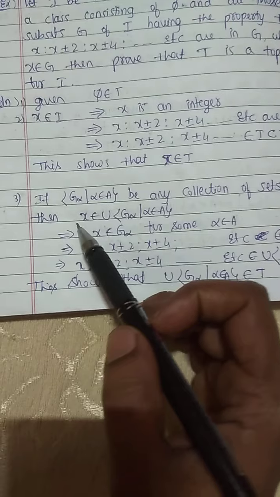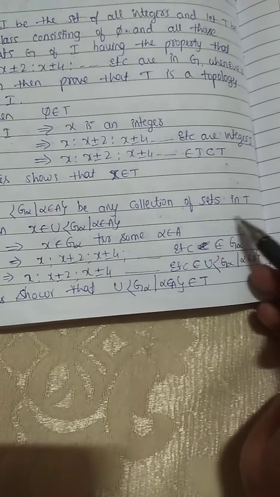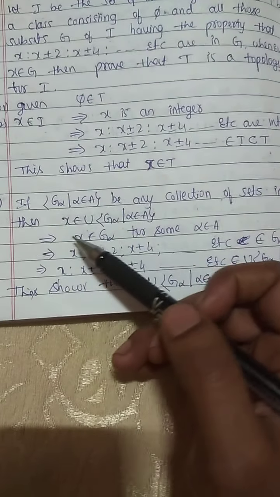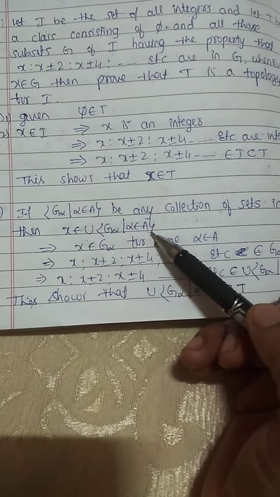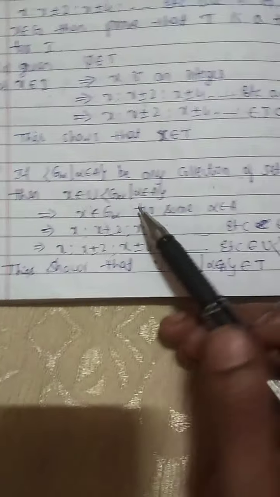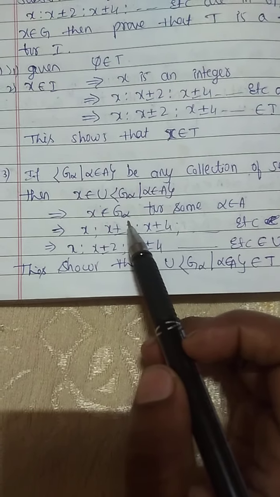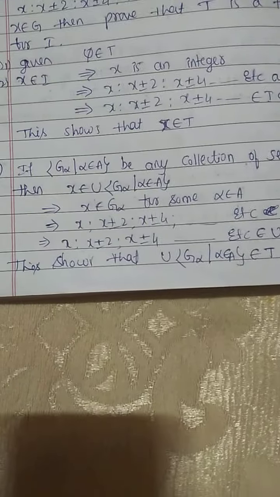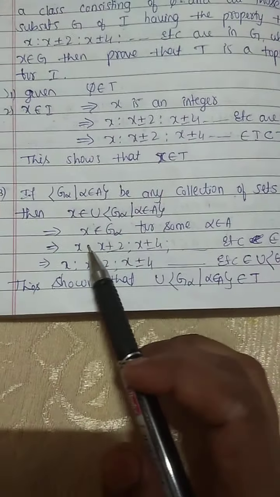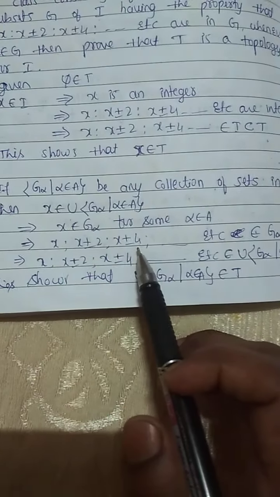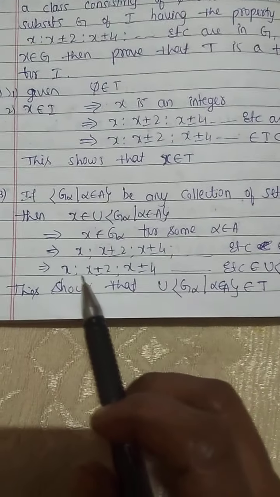Third condition, let G alpha such that alpha belongs to A be any collection of sets in T. Then x belongs to the union of G alpha such that alpha belongs to A. Here x belongs to the union of this collection, which is nothing but x belongs to G alpha for some alpha belonging to the arbitrary set A. x belongs to G alpha means x plus or minus 2, x plus or minus 4 and so on belong to G alpha.